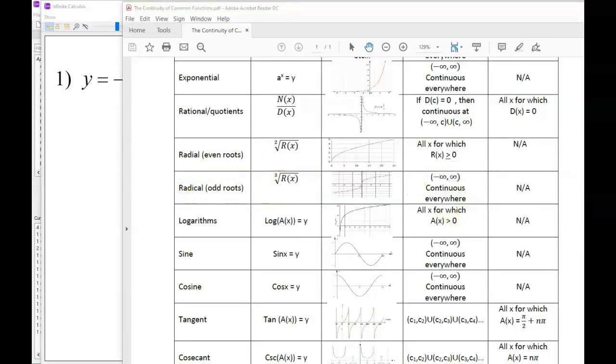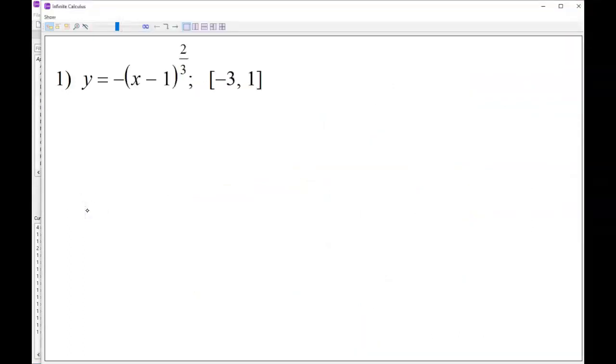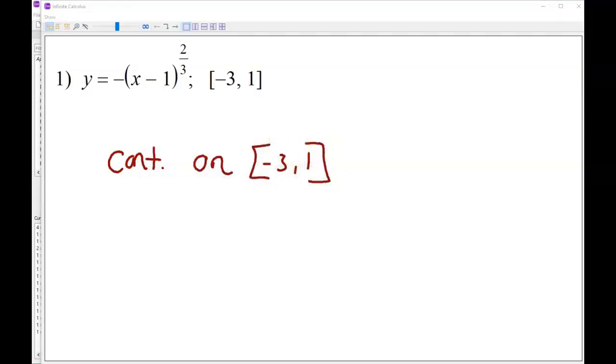So they never have any discontinuities. Since it's continuous everywhere, it is continuous on the interval -3 to 1, which means for sure the EVT applies, because that's all that's required for the EVT to apply.